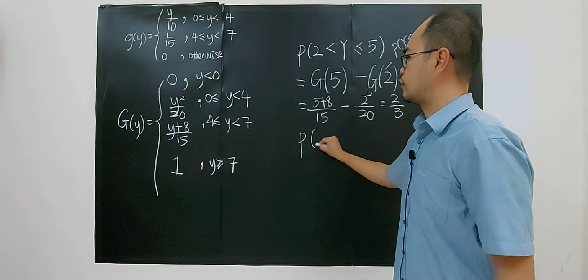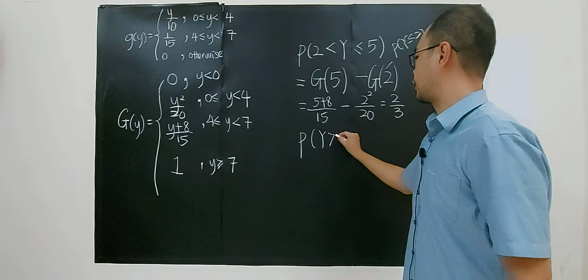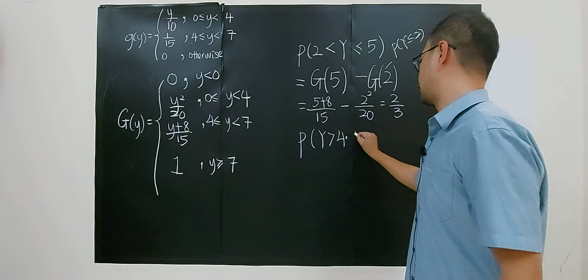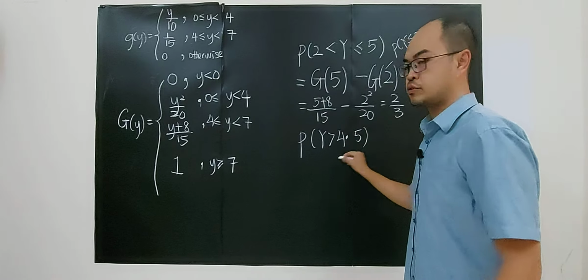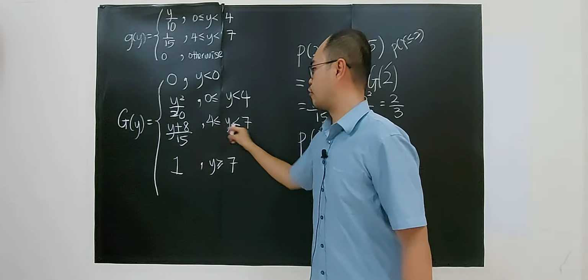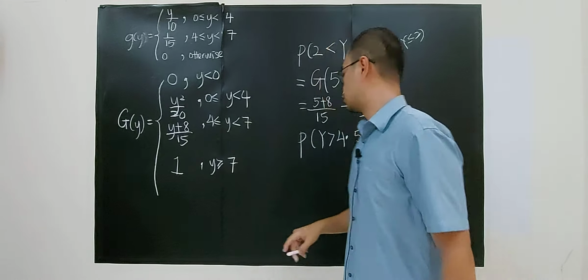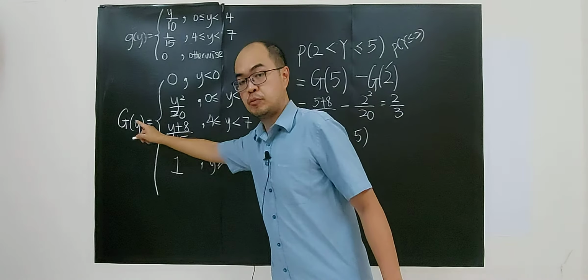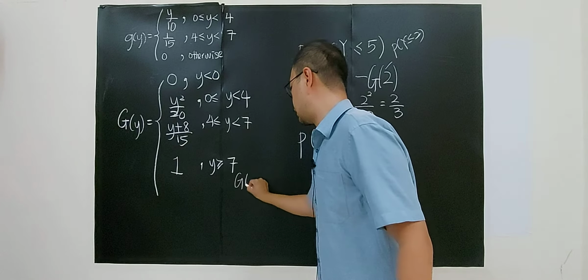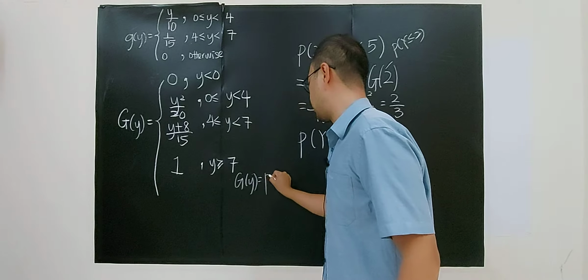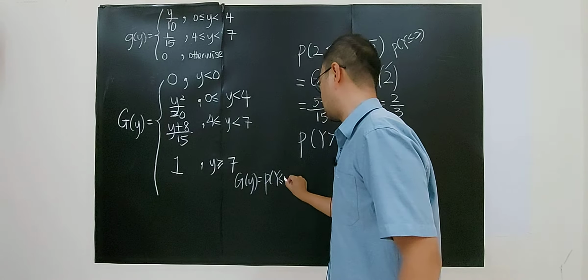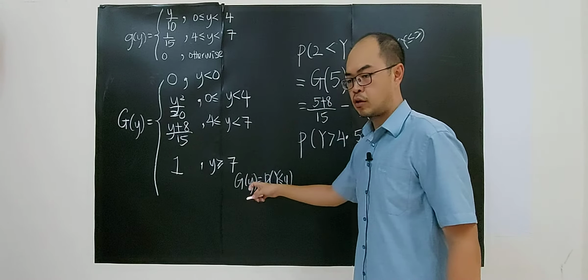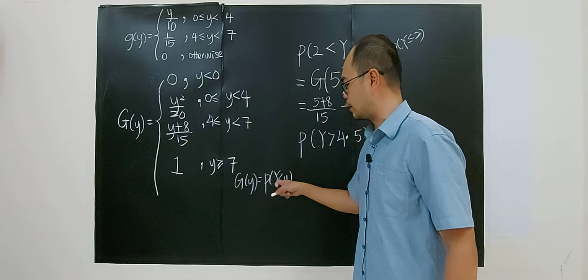Let's say the question asks you to find the probability of y greater than 4.5. This is a continuous random variable, and 4.5 is between 4 and 7. In order to use the cumulative distribution function, you must remember it is defined to be the probability of y less or equal to y. For a continuous random variable, the equal sign doesn't matter.